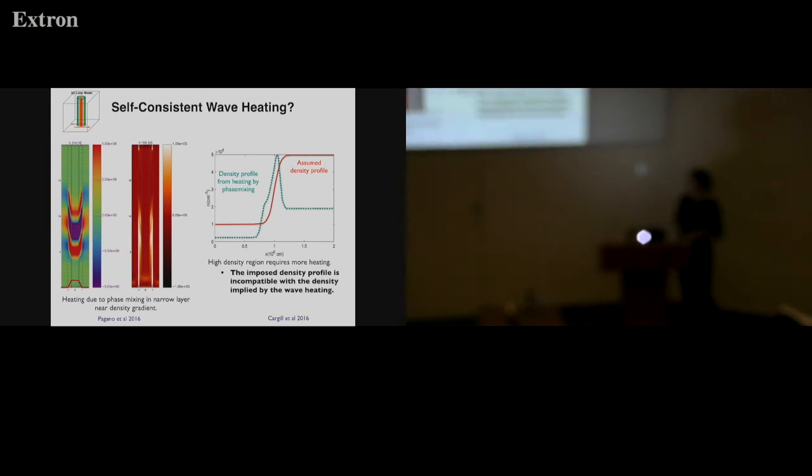And if we look at that, this is just again a result from the 3D simulations that shows you a cut through the loop, along the loop, and it shows you the increase in temperature, which is concentrated in this narrow shell at the edge of the region, and the density profile that would be associated with that would be peaking in that shell region, not where the assumed density profile peaks.